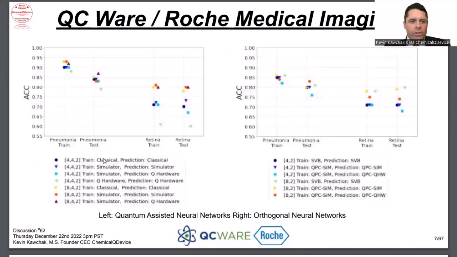So here are the results. Now they did pneumonia, which isn't quite as conclusive, but with retina, the one on the left was a quantum-assisted neural network. So you see that separation of yellow, orange, and red, or burgundy. If you look below, the classical training, classical prediction is still doing quite well.